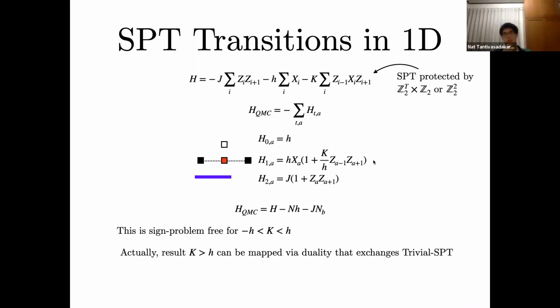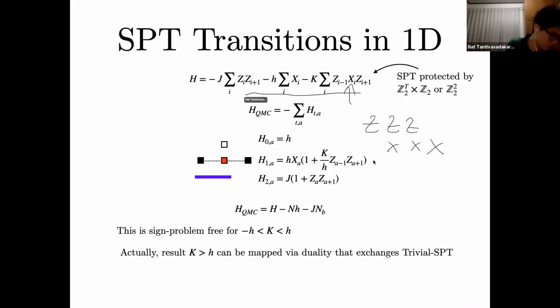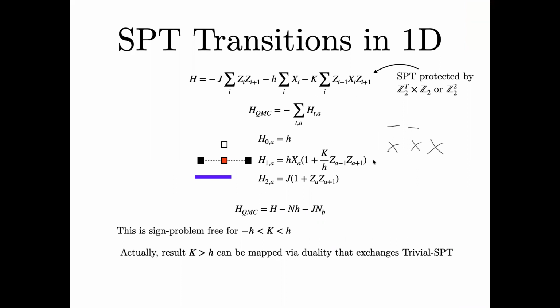For 1D, I think you can actually, the SPT is sign problem free, because you can simulate it as like z and xxx or something like that. For this case. So actually, I think it's fine. I see. But for the purpose of putting it in this sort of update scheme, yeah, sort of. So maybe there's a no-go with translation symmetry or something.